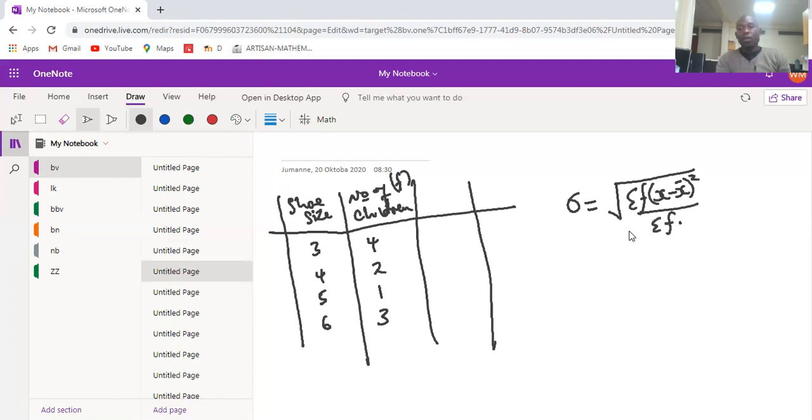So we need to get the x bar first. How are we going to get the x bar? We shall get it like this.